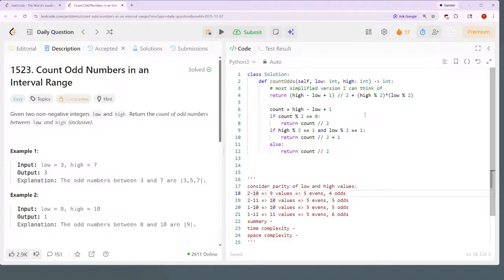So the round down version is going to be 4 and 5.